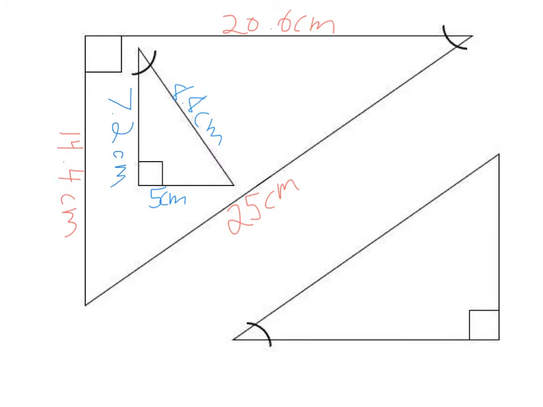Okay, and then for the medium one, the hypotenuse is 17.2 centimeters. The long leg is 14 centimeters, and the short leg is 9.8 centimeters.